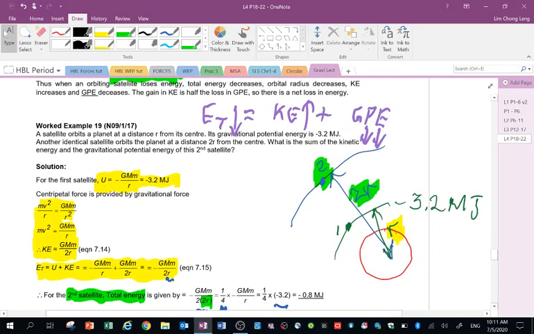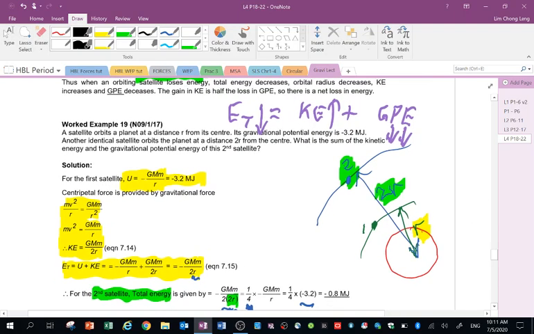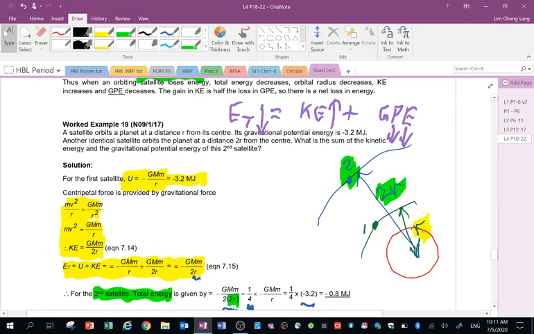This is the gravitational potential energy. Also, in that case, I think this is not relevant. I erase this. So when you bring the satellite up, the distance is 2r compared to the first satellite where the distance is r from the center of the planet.